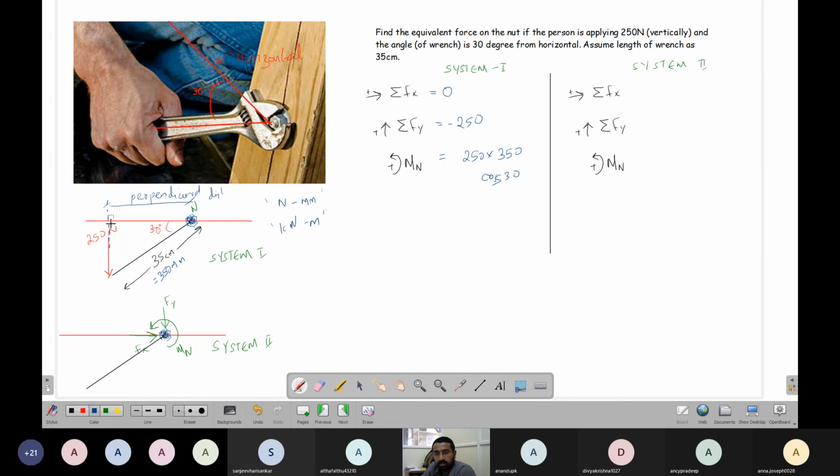So the force is like this. About this point you are saying the moment. What is the sign? Plus or minus?